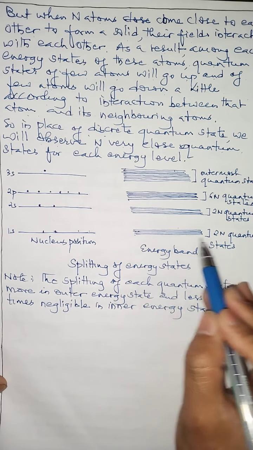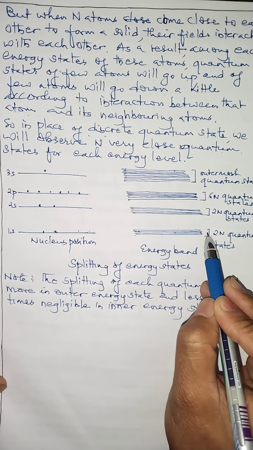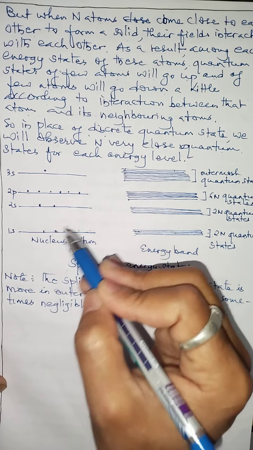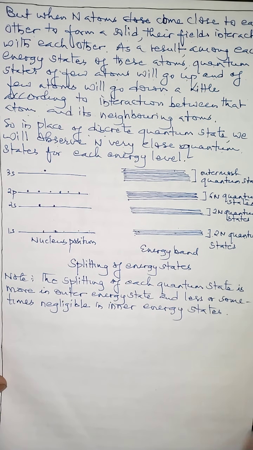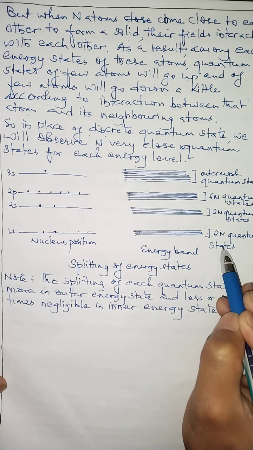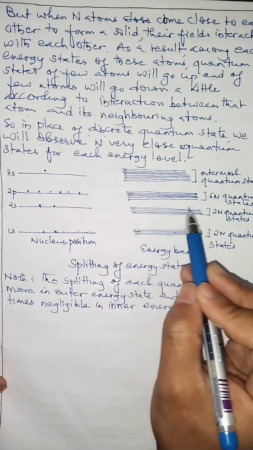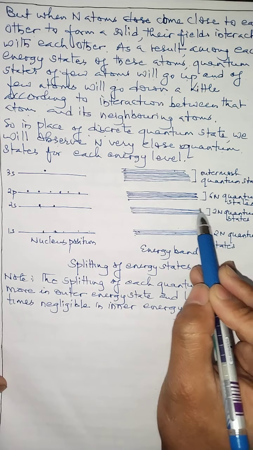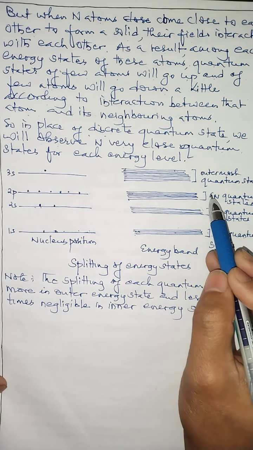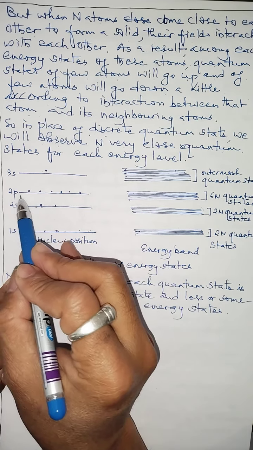In the first orbit it will be 2n quantum states, the energy band acquired by n atoms, because the first orbit has 2 electrons per atom. Similarly, the second orbit acquires 2n quantum states, and 6n quantum states form the energy band in the 2p orbit.